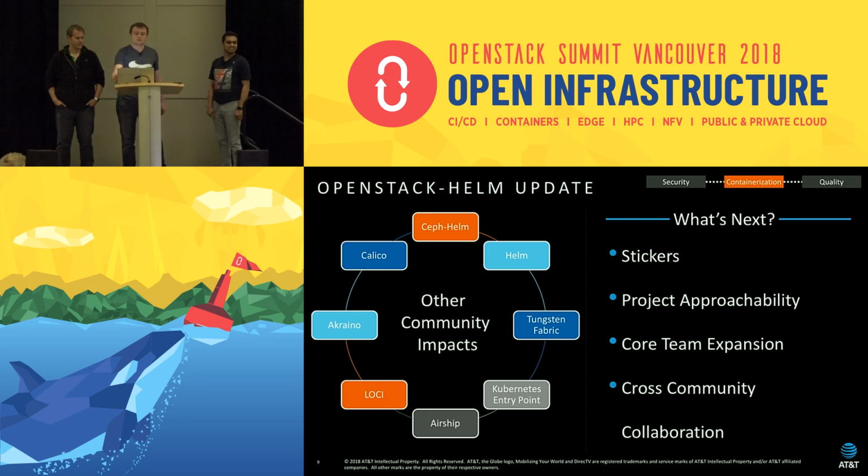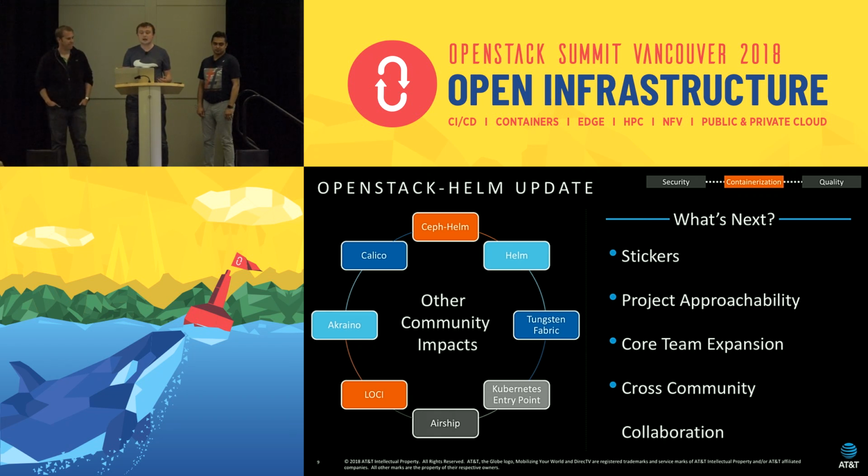So what this has really allowed us to change is the general approachability of OpenStack-Helm, where we started to work, obviously with Juniper for some time on both Contrail and Tungsten Fabric now, and with the Ceph community as well, who have adopted many aspects of our deployment methodology and management.